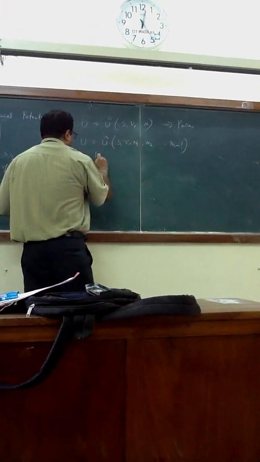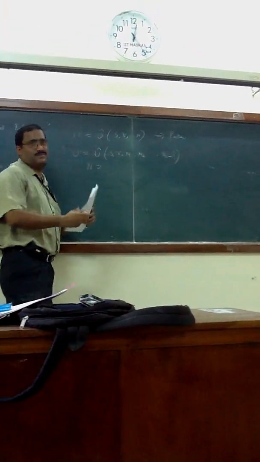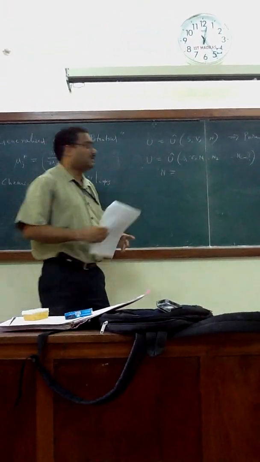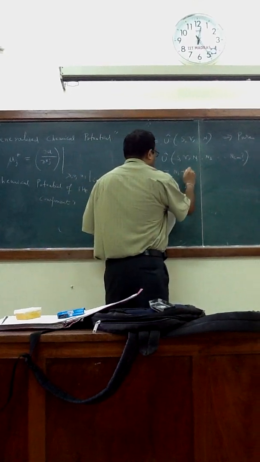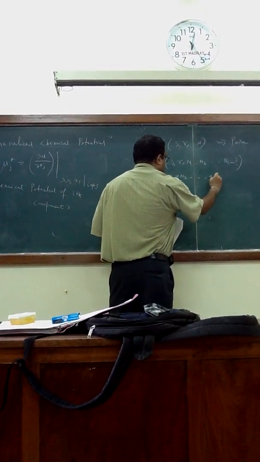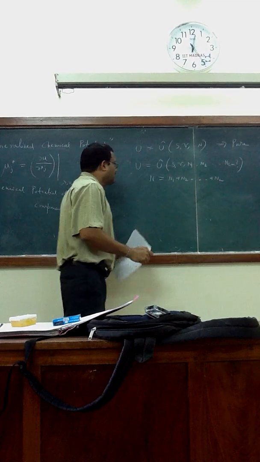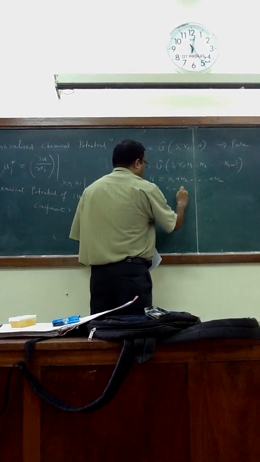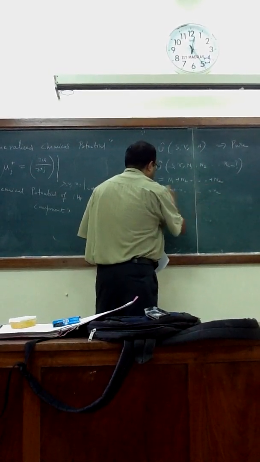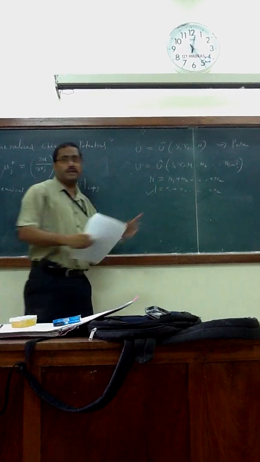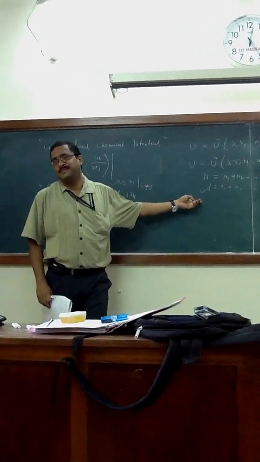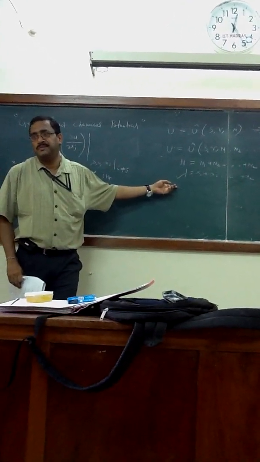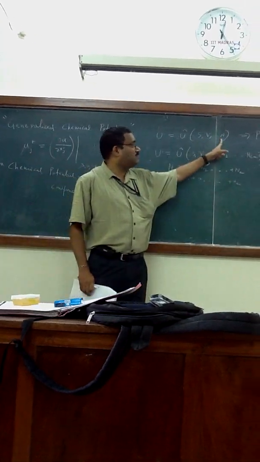My total number of moles is N. This will be the same. The number of moles cannot be changed, so it is N1, N2 up to Nc. See, when I write x1, x2 up to xc, this equals 1. 1 is known. This N is unknown, right?